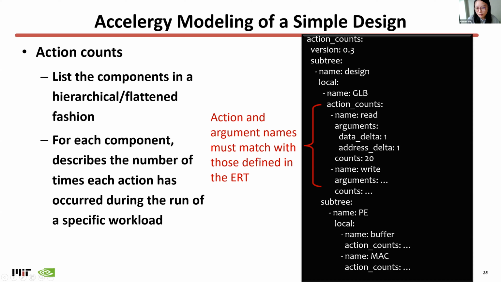So in this example, let's look at the global buffer case. This action count file is basically saying that for the read action with data delta equal 1, address delta equal 1, meaning the case of random reads, we have 20 occasions during the run. And similarly for the writes, you can also define the number of times. And with that, for each component, we will be able to know what its runtime behavior looks like.